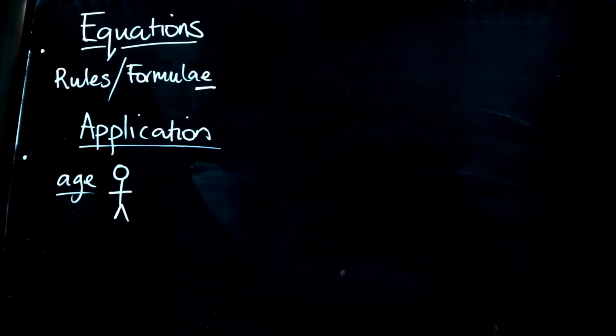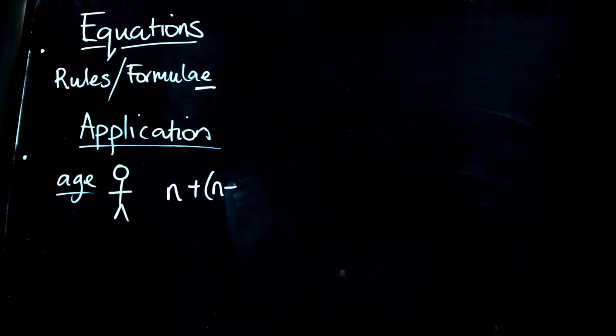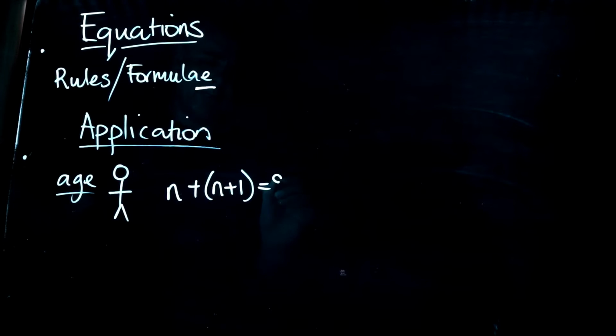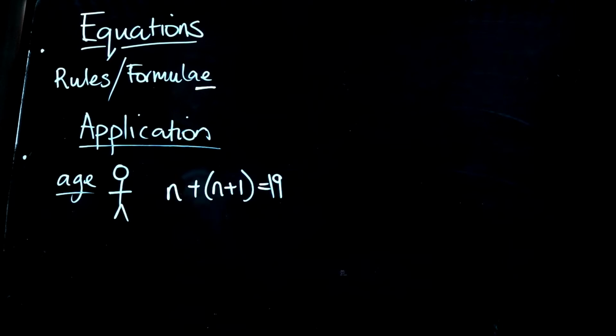So what that looks like algebraically, if I'm a certain number of years old now, and say next year I'll be the same age plus another year older, and for example that is equal to 19. And so the question is, what is my age?